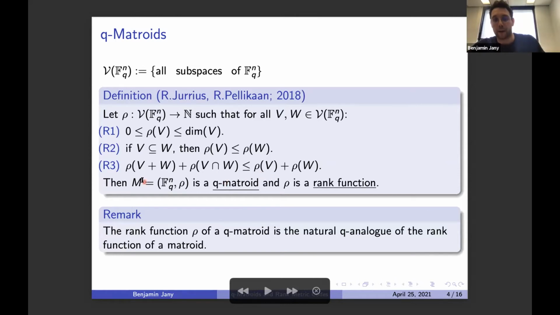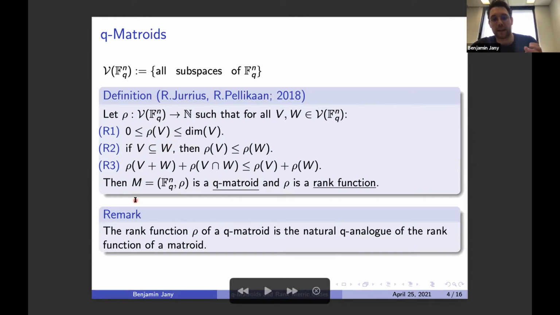Okay, if we have this rho function that satisfies all those properties, we call the pair (F_q^n, rho) a q-Matroid, and rho is the rank function of that q-Matroid. So using that terminology, I might say that this rho(V) is just the rank of V, okay?